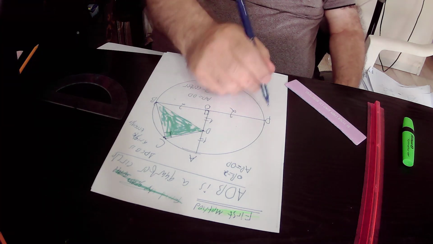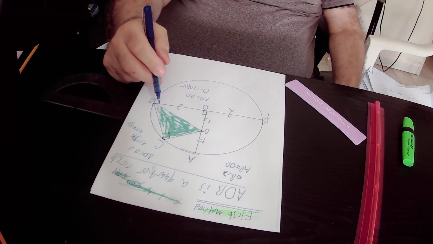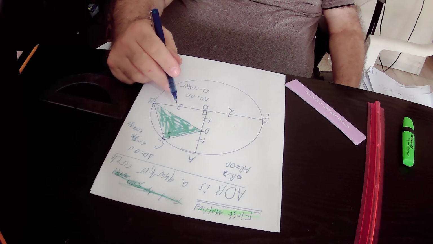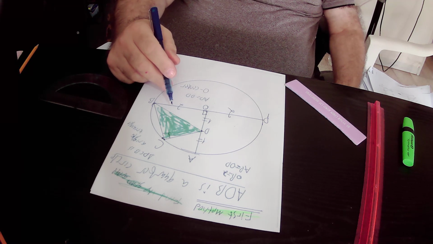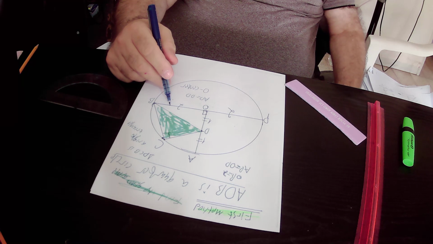Here we will extend the straight line CD until it touches the circle, and we define the touching point.